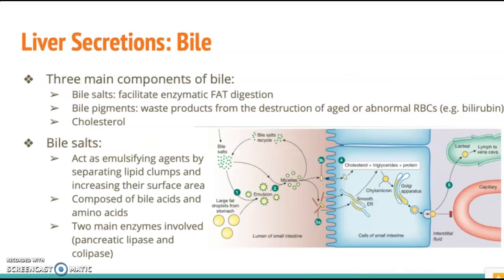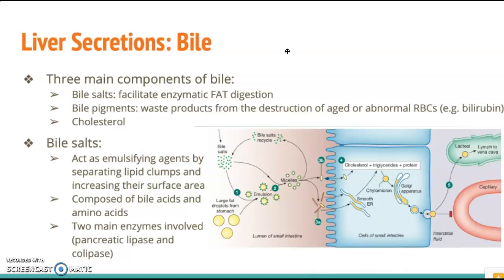So the main secretion of the liver is called bile, and there are three main components of bile. The first one is bile salts, and these facilitate enzymatic fat digestion. There are bile pigments, which are waste products from the destruction of aged or abnormal red blood cells. For example, there's bilirubin, and there's also its oxidized form, biliverdin.